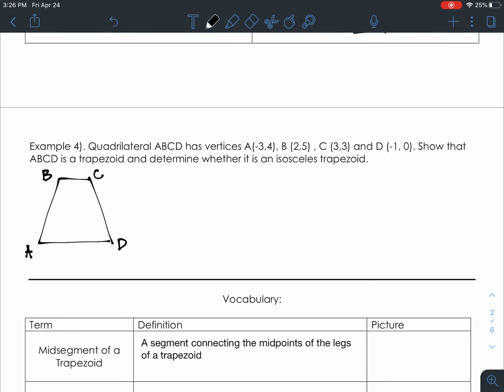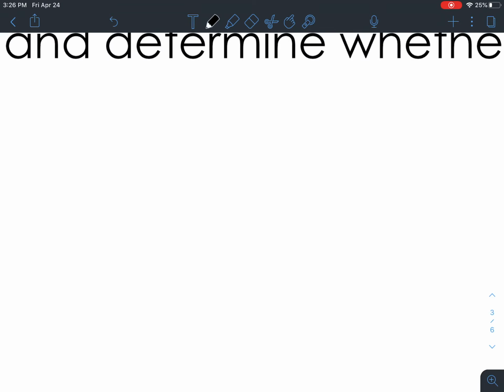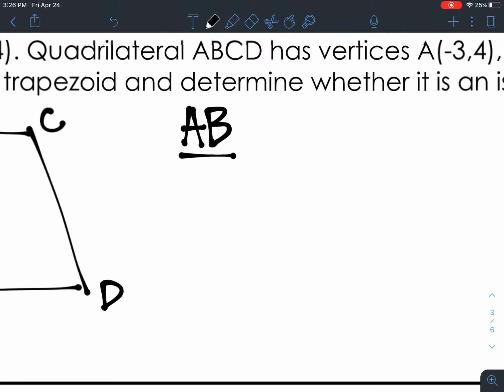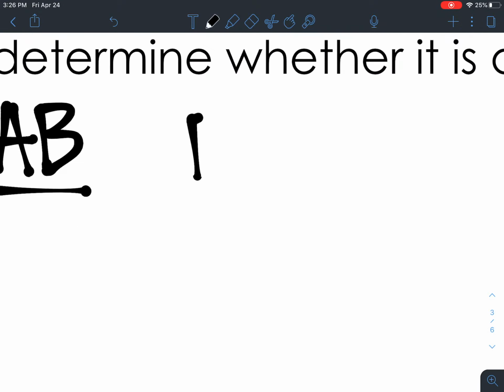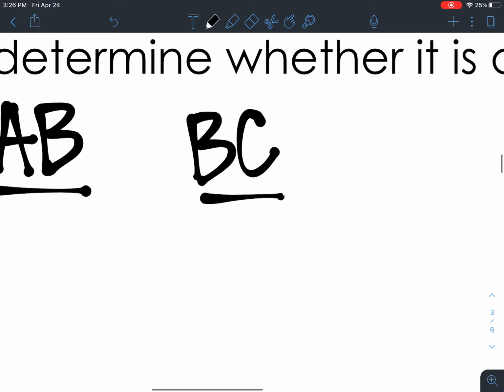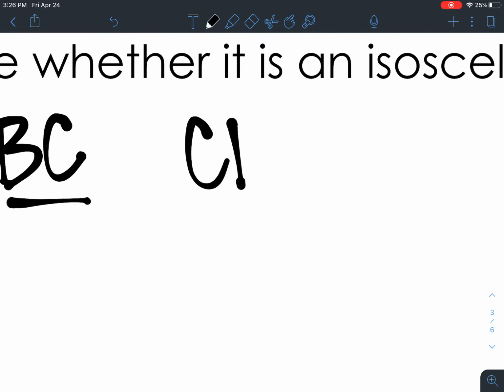And so how does that help us when we're given these vertices? Well, if we found the slope of each of those sides, we're looking for exactly one pair that has the same slope. Like I did before, I'm not going to work out this entire question, but I'm at least going to give you the answers. We're finding the slope of AB, the slope of BC, the slope of CD, and then the slope of AD.